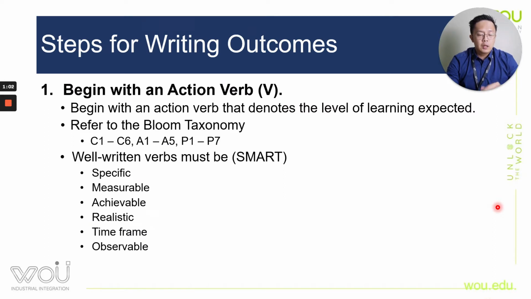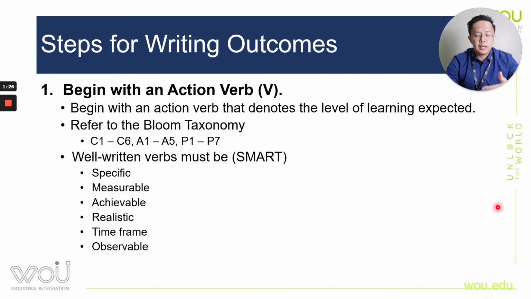Okay, the first thing you need to think of when you're going to write your CLO is the action verb. Which action verb to use? You need to use an action verb to denote the level of learning which is expected. Remember, in the previous video, we discussed the level of learning, for example C1 until C6, create.